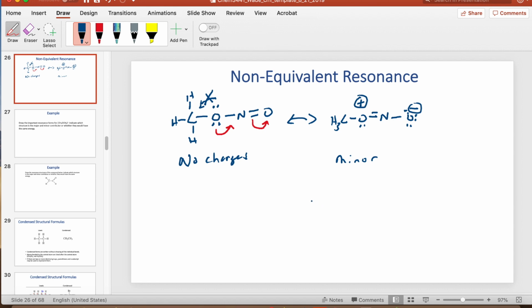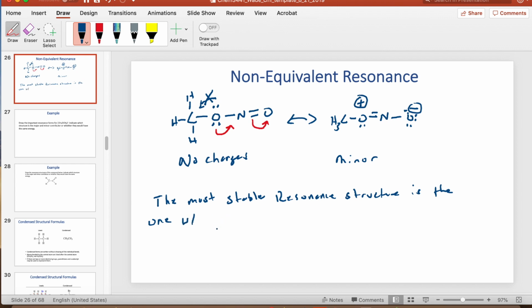So in the long run, the most important aspect of this is that the most stable resonance structure is, in these cases, the one with the smallest separation of oppositely charged atoms.